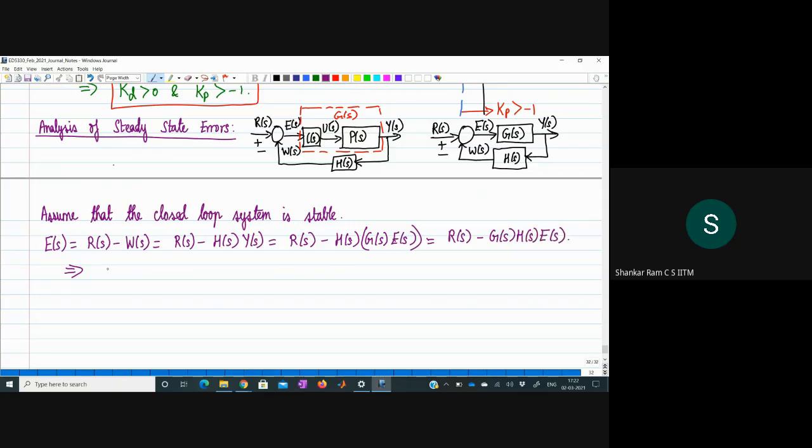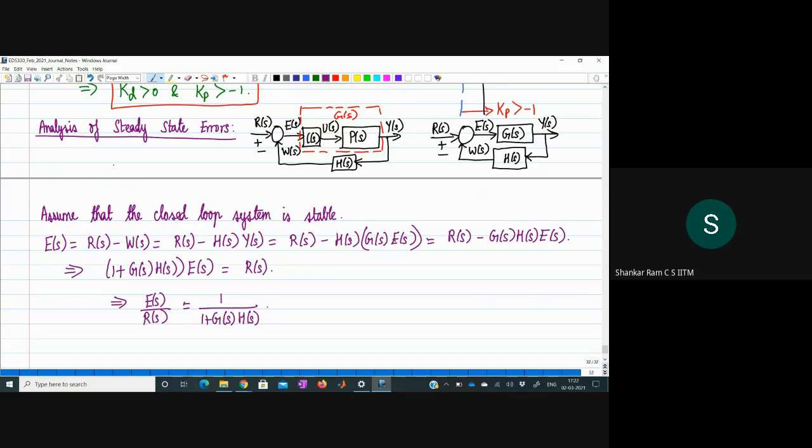Immediately we can observe that if we combine the terms involving E of s, we will have 1 plus G of s H of s multiplying E of s, and that is going to be equal to R of s. Then we have E of s by R of s equal to 1 divided by 1 plus G of s H of s.